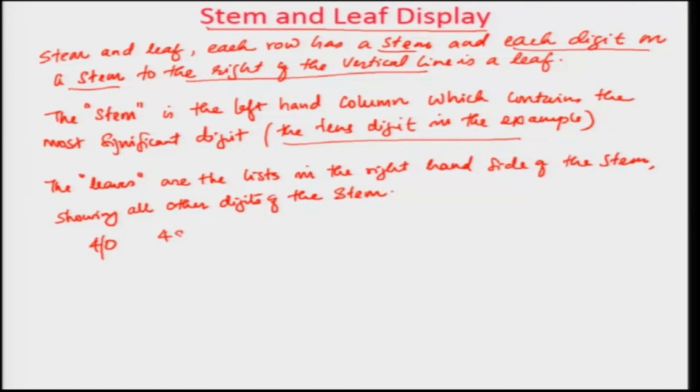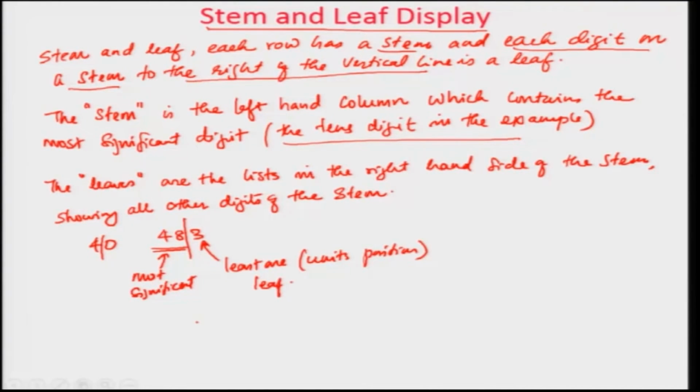If you have 483, then depending upon how you want to cut, but ideally you would want to cut a stem and leaf like this. So, the most significant digits actually become a stem, and the least one, the unit digit, units position will become the leaf. Okay.